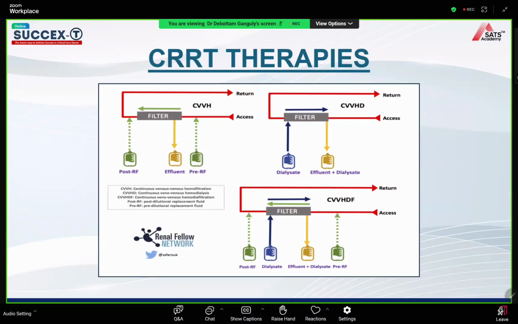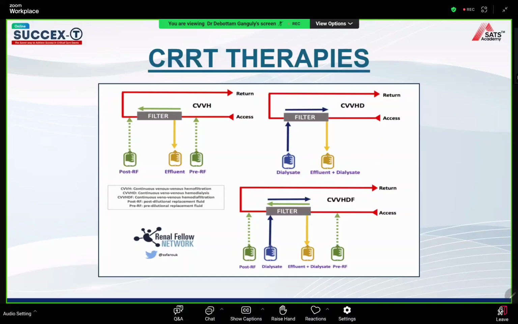Blood comes from the patient's body, goes through the filter, and the filtered or detoxified blood comes back into the patient's body. The remnant, the portion that is filtered out by the filter or by the machine, is known as effluent.